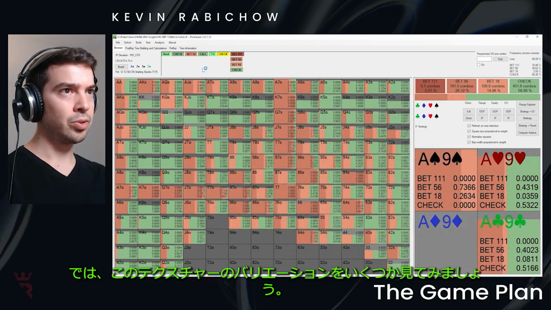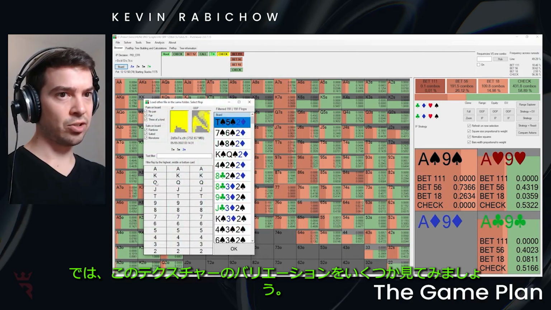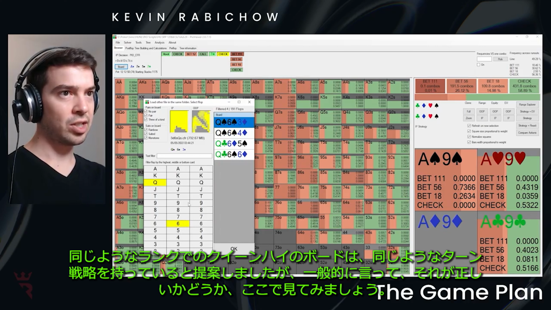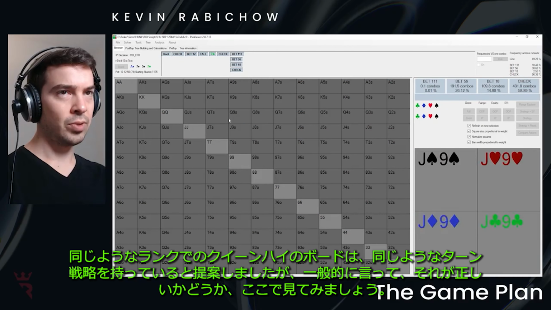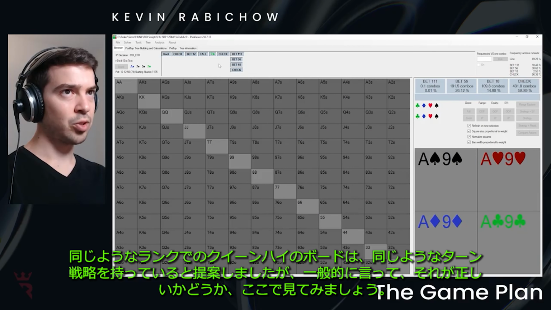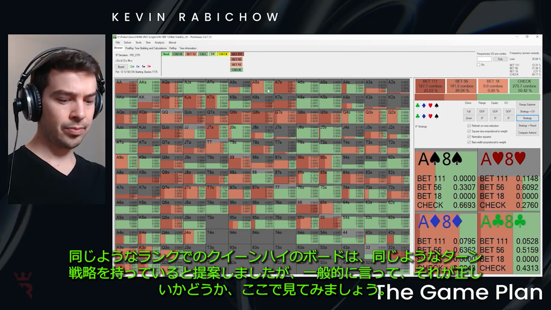So let's look at a couple different variations on this texture. I was suggesting that a queen high board of similar ranks would have the same type of turn strategies. We can see if that holds true, generally speaking, by looking here.